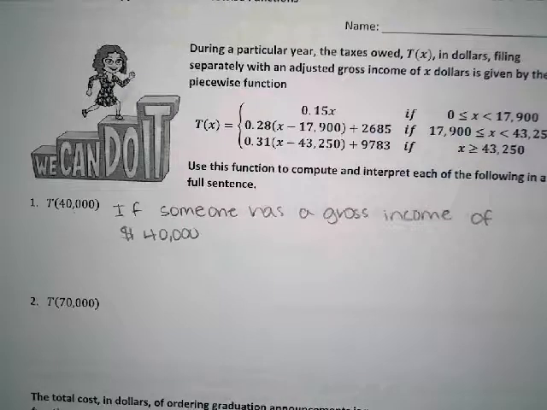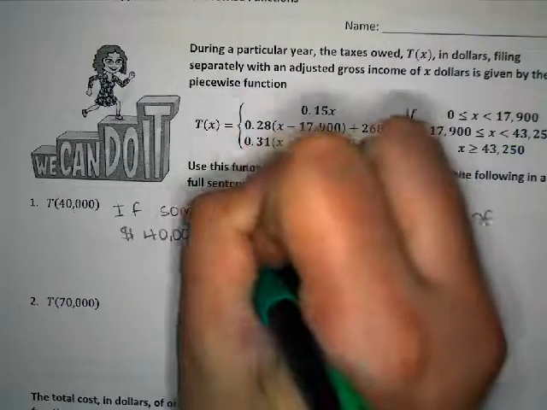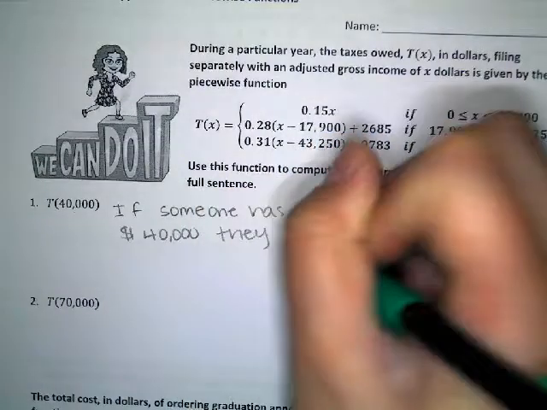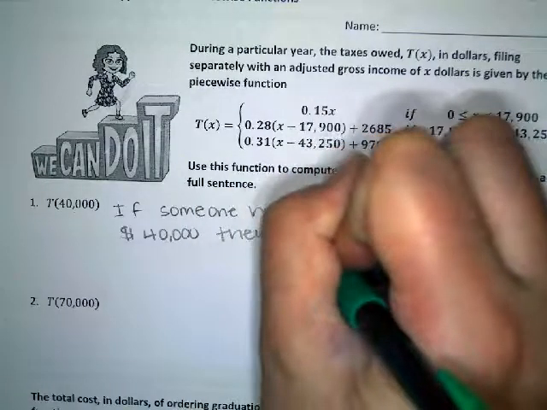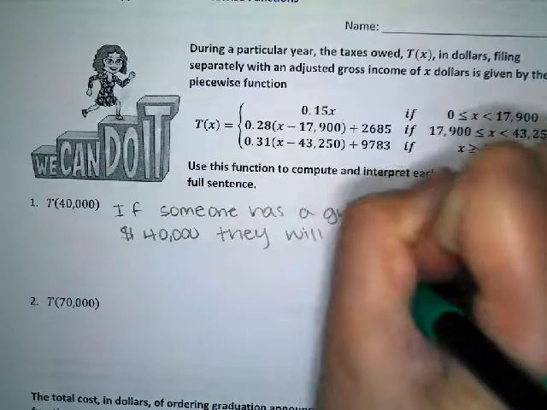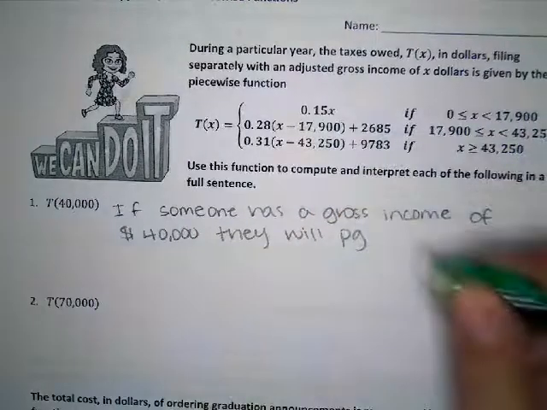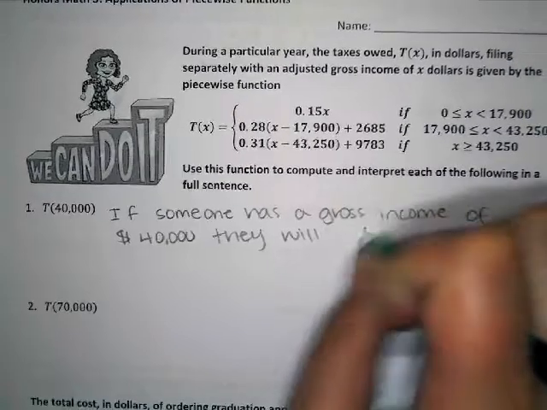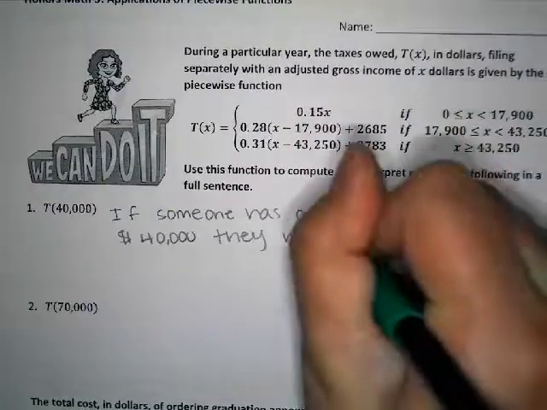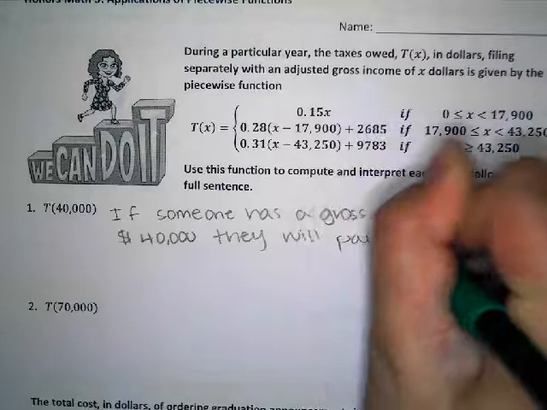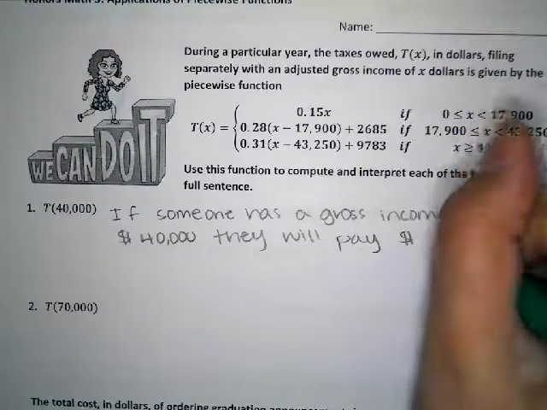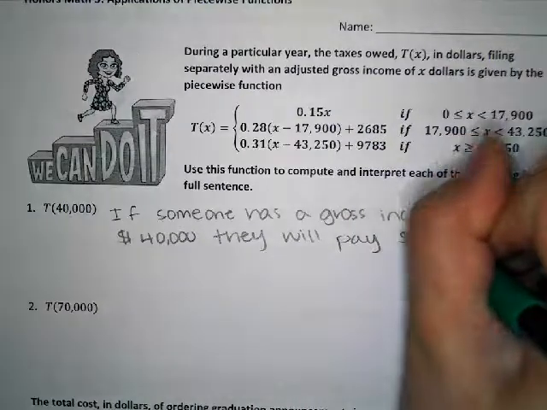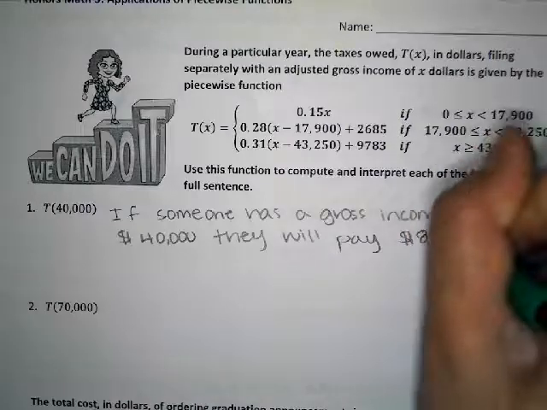It says to write the following in a full sentence. They will pay $8,873 in taxes. Is a teacher's salary more here than it is in Oregon?